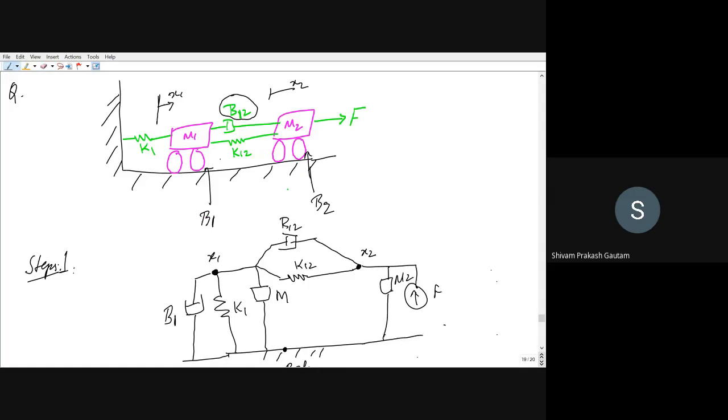And b2 is also connected, between x2 and ground. Is there anything else? b12 and k12 we have already taken. Is there anything else that we want to connect?